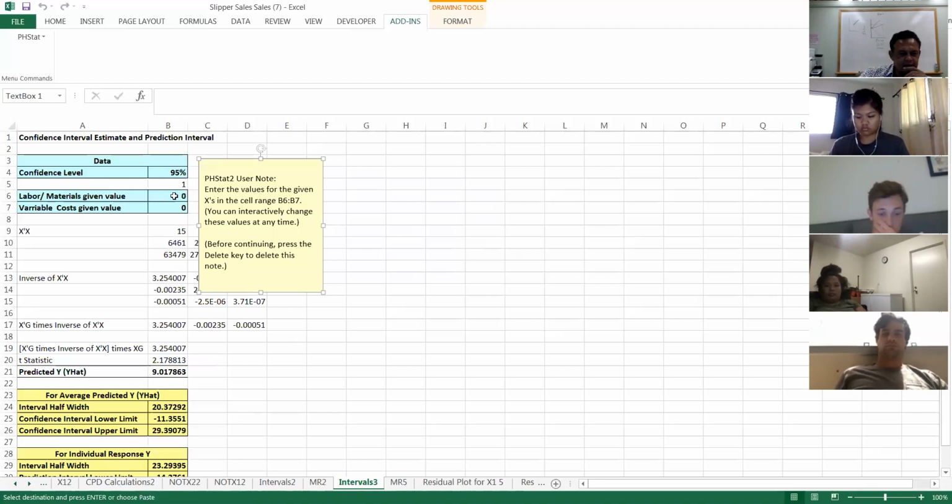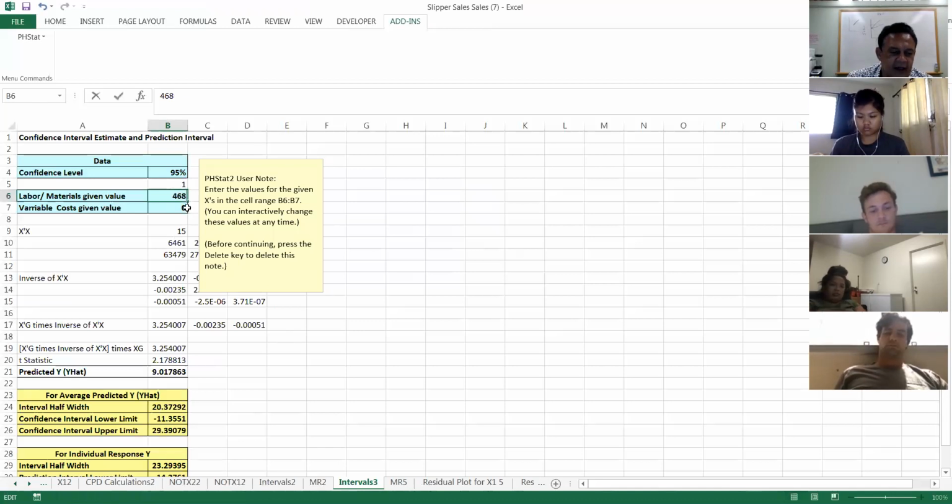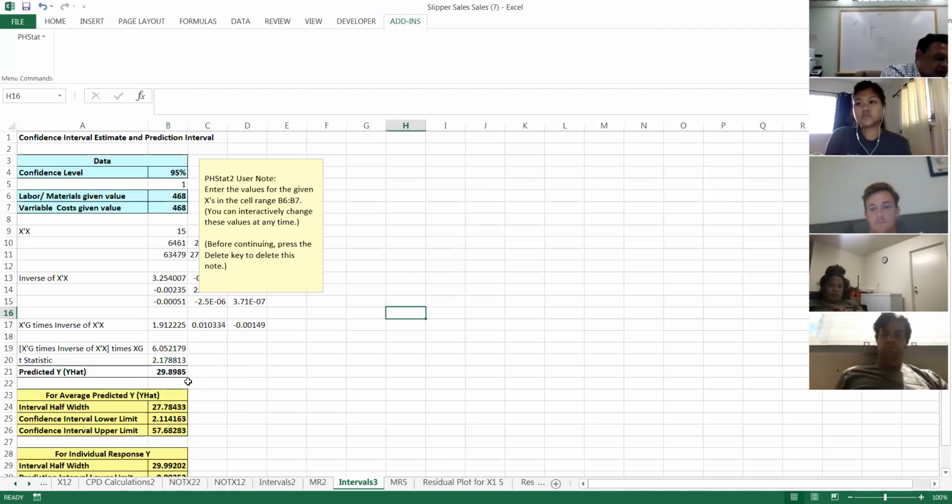So when we plug in how many shoes we're going to make, 468, and look at our costs, it'd be $2,989. We're going to make $3,276. So in this case scenario, we actually make a profit.